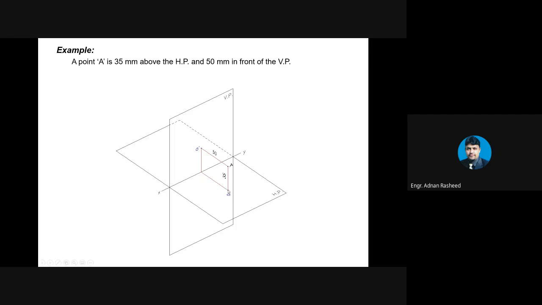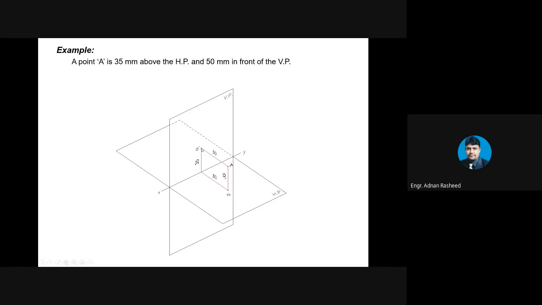Now you can see that the top view is 50 millimeter away from this vertical plane, and the frontal view is 35 millimeter above the XY line. So whenever you draw its projection, you have to draw them on the vertical as well as on the horizontal plane.